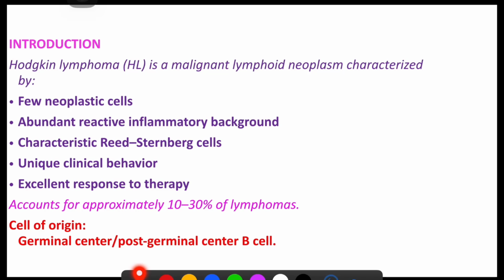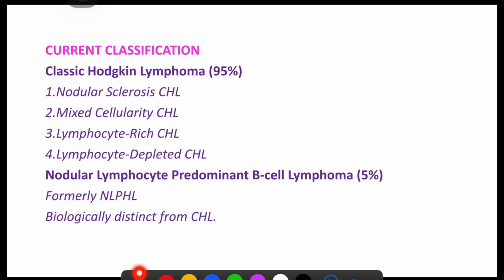The germinal center or post-germinal center B cells are the cell of origin. Now, according to current classification, it is divided into classic Hodgkin's lymphoma, which is 95% of cases.